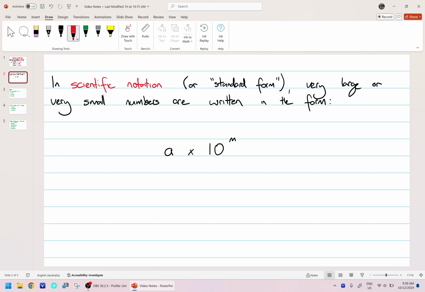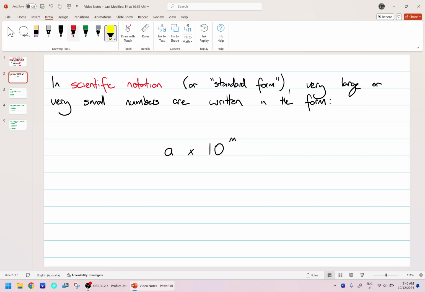As for scientific notation, or standard form as it's sometimes known, very large or very small numbers are written in this particular form, and we'll go into this. The main thing, first of all, is this times 10 to the power of something. Every number that you write in scientific notation will be times 10 to the power of something.